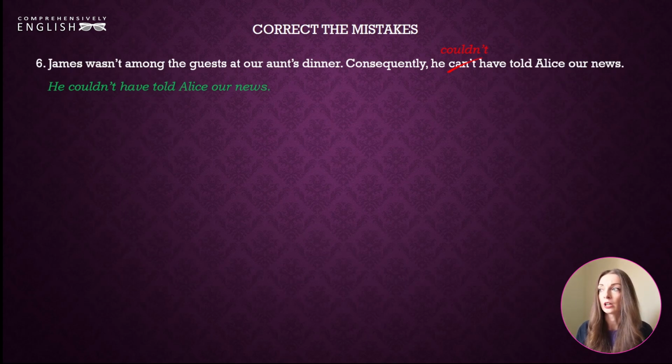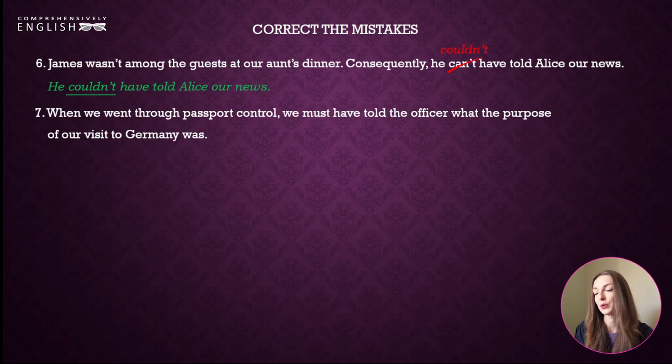So what's here? Here we have a situation where we are obviously talking about the person's inability to tell something to somebody in the past because this person wasn't even there, wasn't in that situation or in that place. So we're talking about physical inability to do something, and that's the thing that only couldn't have done can express. He couldn't have told Alice our news because he was not there.